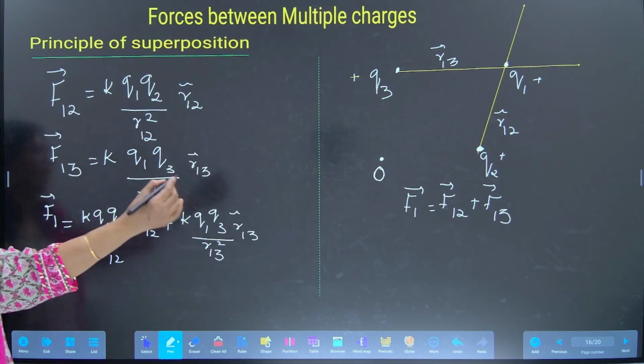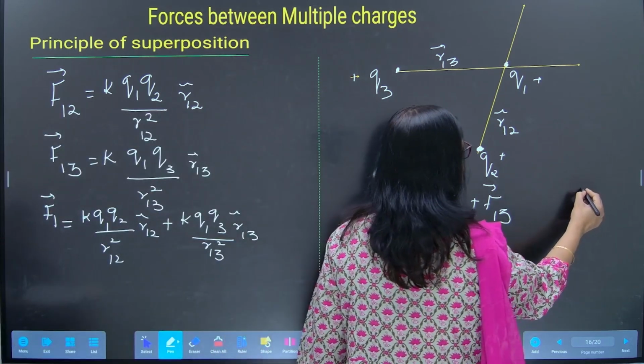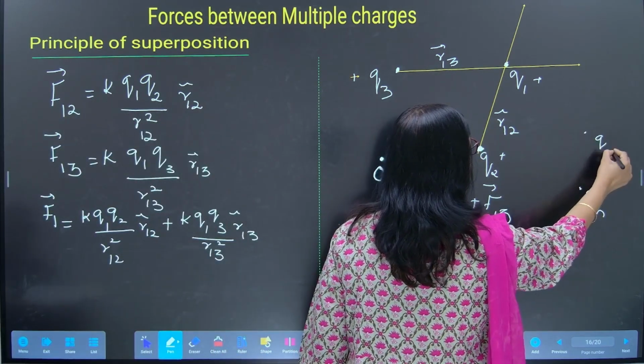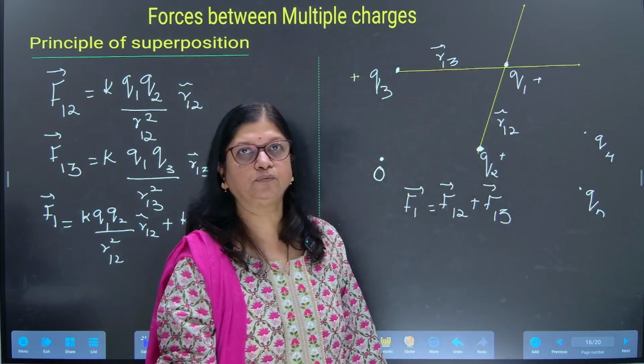Similarly, if I have n charges, one more charge Qn here, one more charge Q4 here, let me have n number of charges.